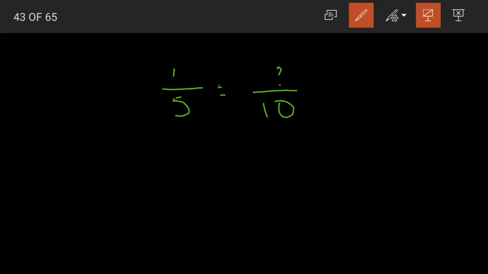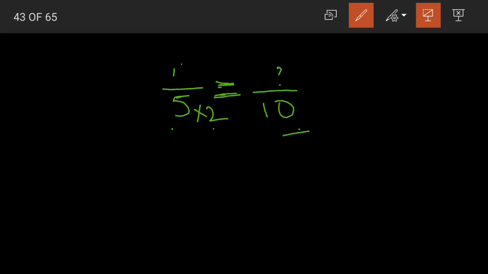We have to find out the equivalent fraction. In the denominator, we are already having 5 here, but in the answer, the denominator should be 10. How will we get 10, children? 5 into 2. Yes, when we multiply 5 by 2, we get 10.